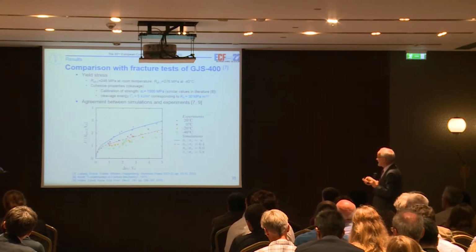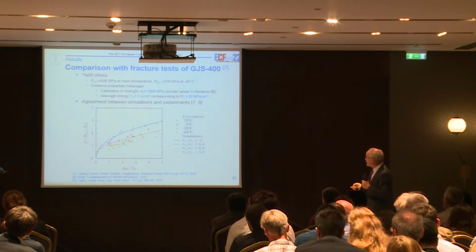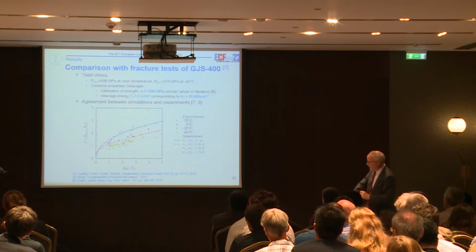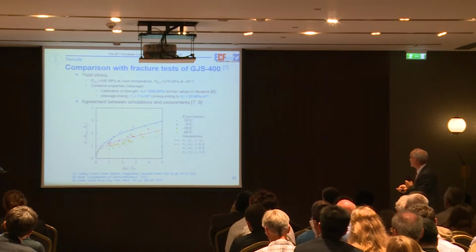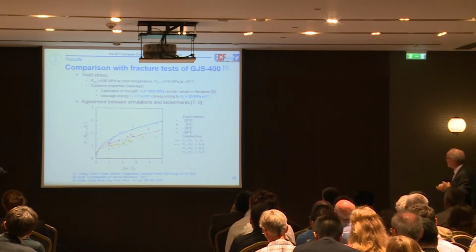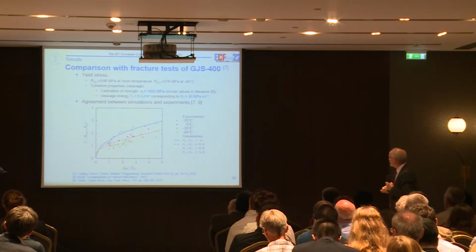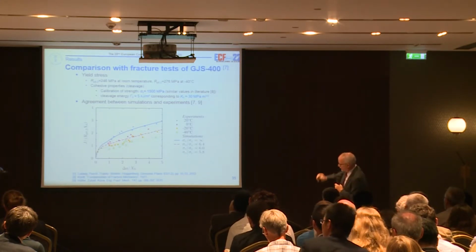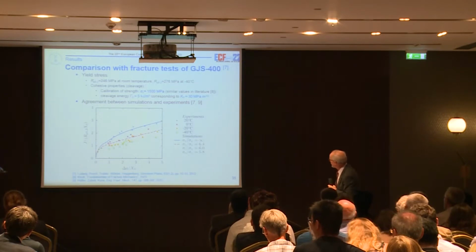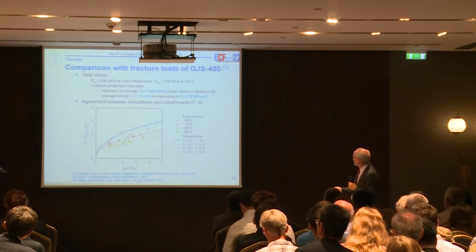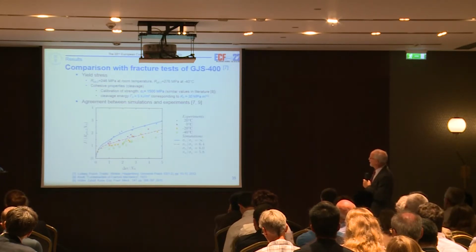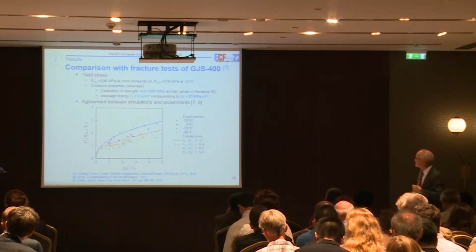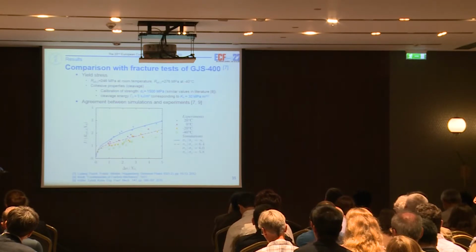We adjusted the cleavage energy of the lower shelf to this value, 5 kilojoules per meter, which corresponds to a K1C of 30 megapascals per square meter. This was to define the lower level, and then we had only to adjust these cohesive strengths to match all these R curves. And it doesn't look bad.